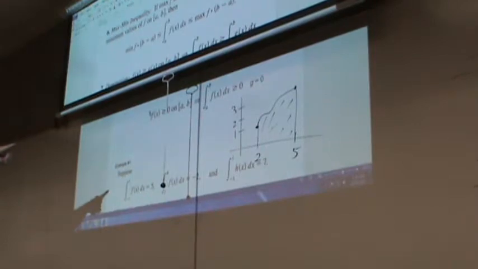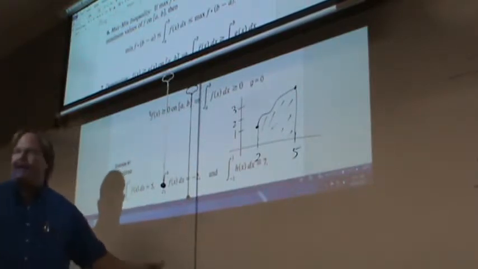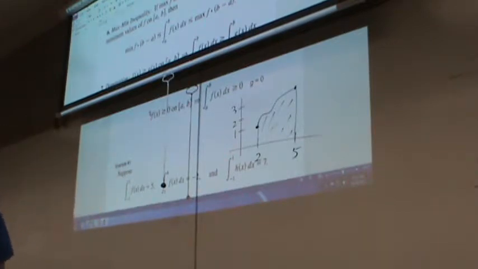They're telling me that that area is going to be less than the maximum value of the function times b minus a, but greater than the minimum value of the function times b minus a. Someone tell me, what are they getting at here? What are they trying to tell me?